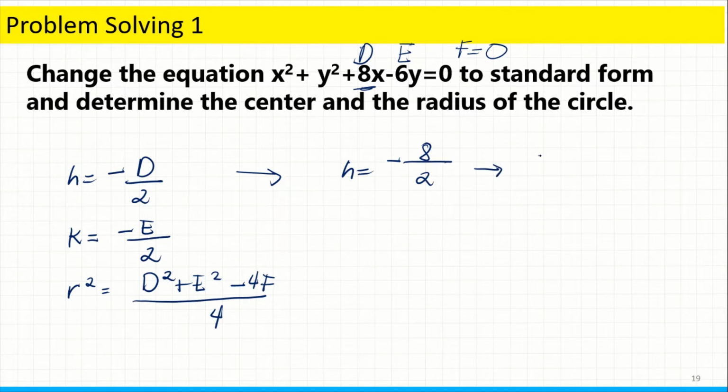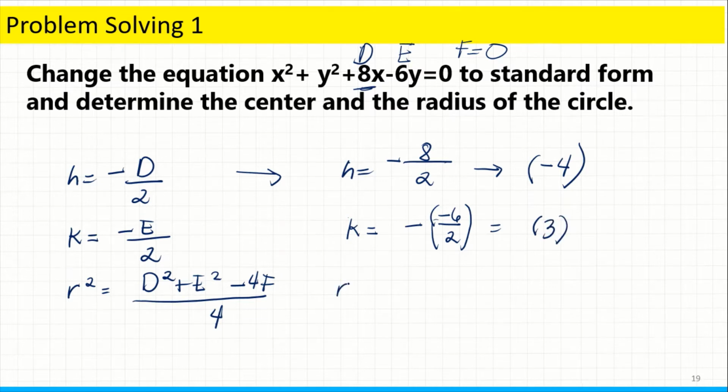So h is equal to negative 4. And then k is equal to negative negative 6 over 2, negative times negative equals positive, so it becomes positive 3.